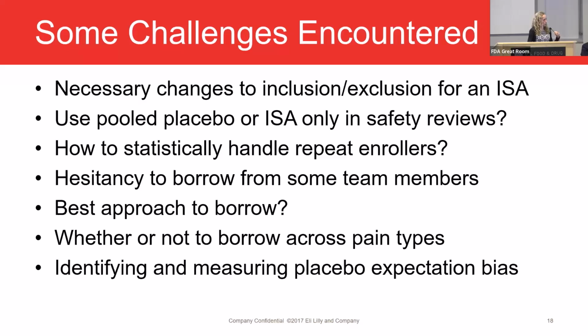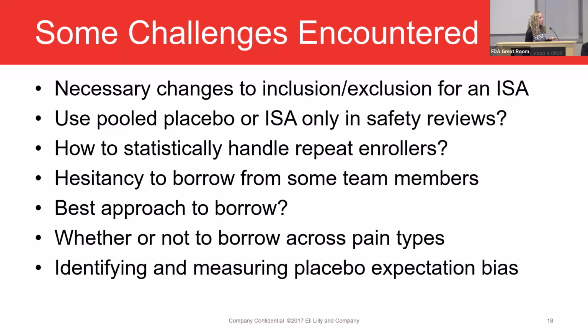As I mentioned, when inclusion-exclusion criteria change necessarily, how does that impact the ability to borrow? Do we use pooled placebo or ISA in a safety review? We did allow for patients to repeat enroll into later ISAs after a proper washout period. What do you do with that patient's information from earlier? Is it borrowable? And what does that even mean?